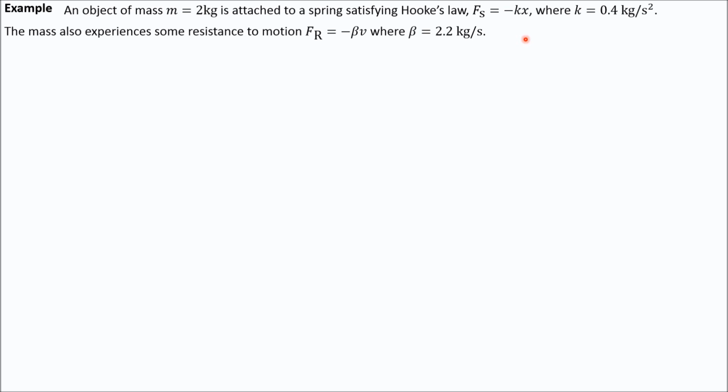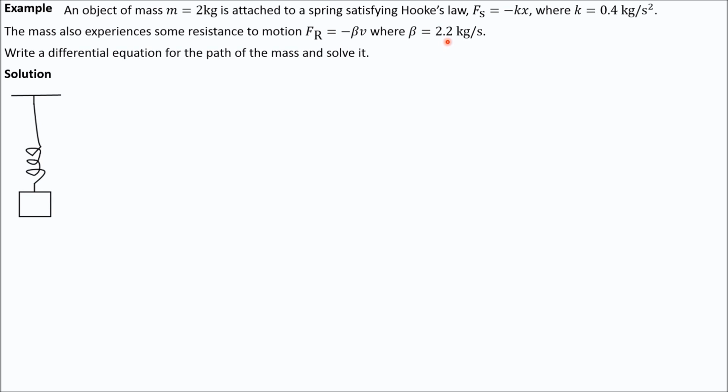And we're also going to suppose that the object experiences resistance to motion proportional to its velocity with this proportionality constant beta. We're going to write a differential equation, and then we're going to solve the problem. So we have a mass on a spring, and we're just going to assume that it's experiencing two forces, the force of the spring and the force of resistance. We're even ignoring gravity right now.